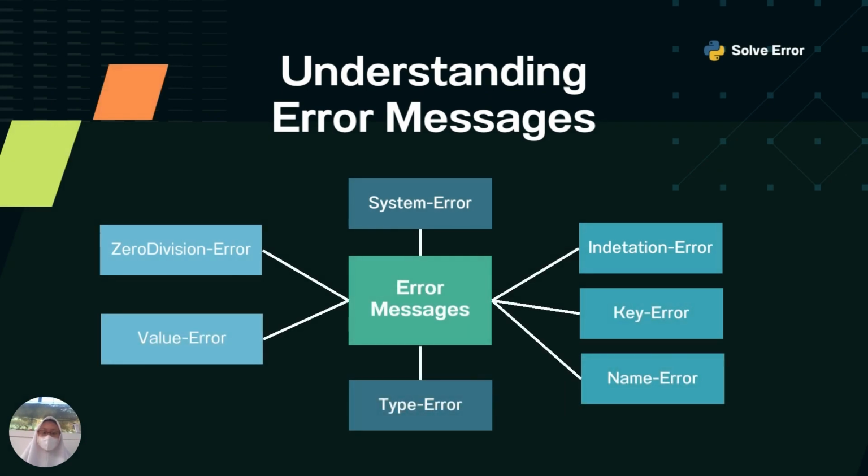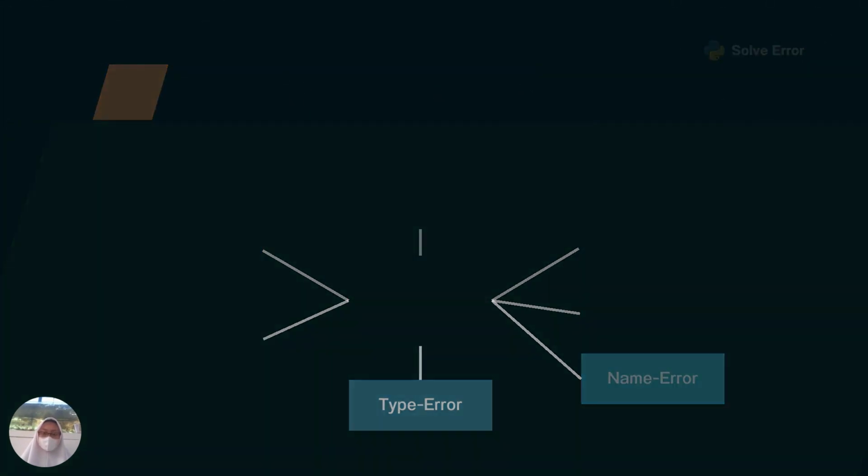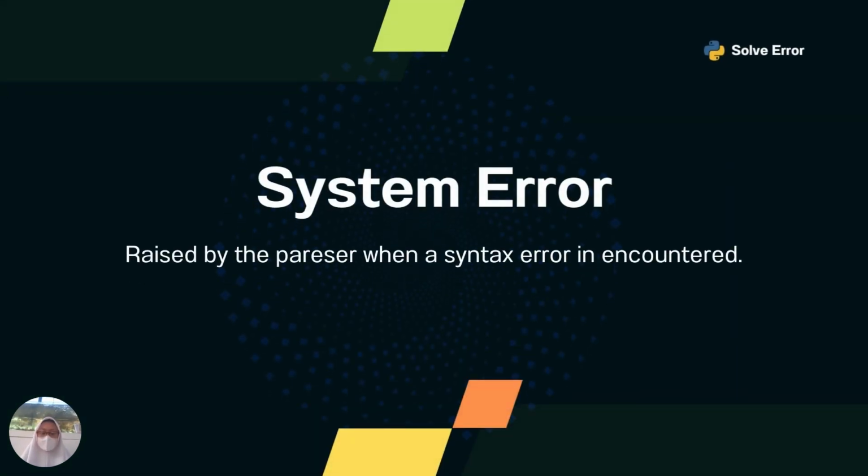In understanding error messages, there are many. First there is syntax error, indentation error, key error, name error, type error, value error, and zero division error. So first we go to the first error. It is syntax error. Syntax error is raised by the parser when a syntax error is encountered.